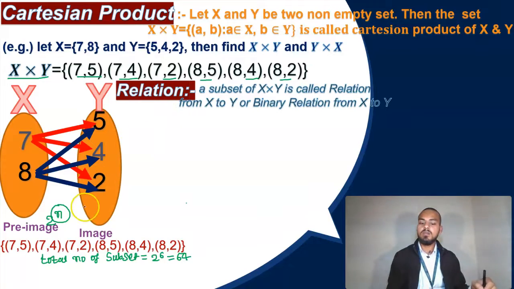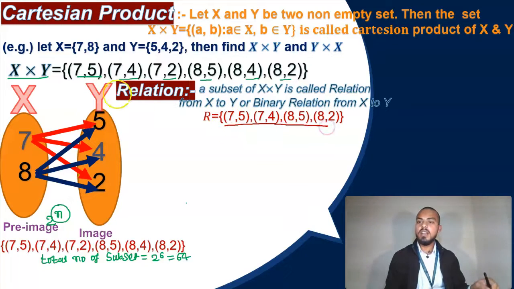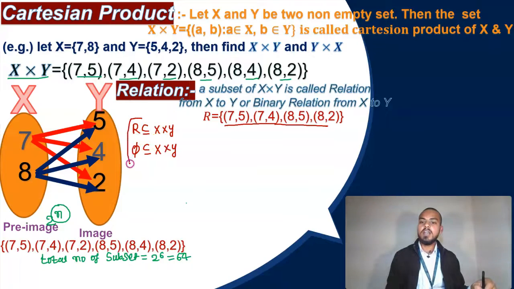Suppose r is equal to 7, 5, 7, 4, 8, 5 and 8, 2, and you can see that this is a subset of this Cartesian product x cross y, and phi is also a subset of this Cartesian product x cross y. So we can say that these two subsets are also relations from set x to y, because according to the definition, all the subsets of this Cartesian product are called relations. So for this Cartesian product, a total of 64 subsets are possible, and all these subsets are relations from x to y.